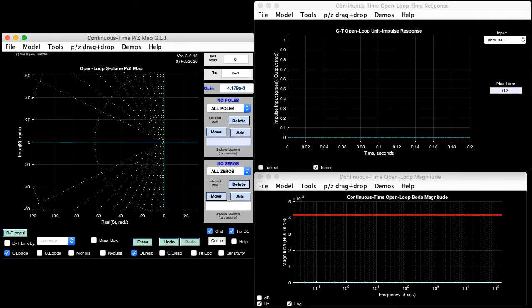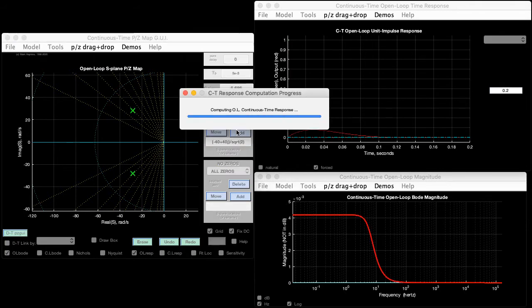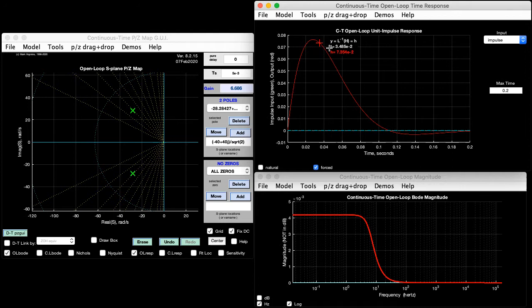So something that I know that you probably don't know yet is that for the underdamped case, for zeta less than 1, if you fix the natural frequency omega n and then you sweep zeta, zeta sweeps a circular shape. So to facilitate that, instead of putting a minus 40 here, let me put in minus 40 plus 40j and then divide by square root of 2. So it's still on a circle with radius of 40. So let's add that. Notice that this dips up, it comes back down, and it goes back up.